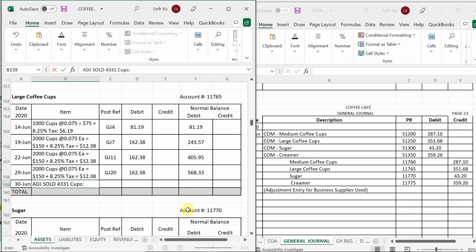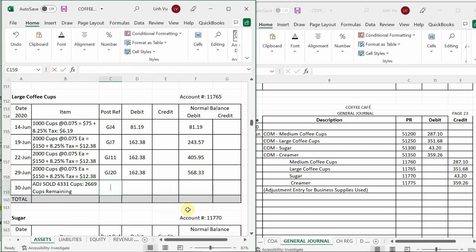We should have a remainder of 2,669 cups remaining. Okay, so again, General Journal, page 23.